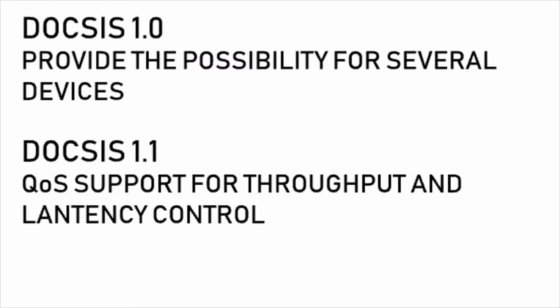This version exchanges the previous one by adding QoS support. It provides more flexibility to the cable operator to implement different service level agreements, known as SLAs, with end users and different business approaches for commercial delivery of service.